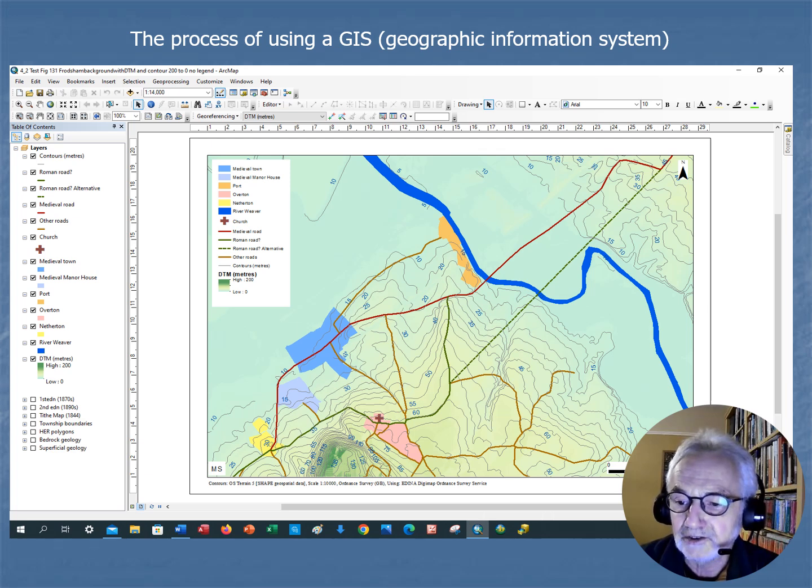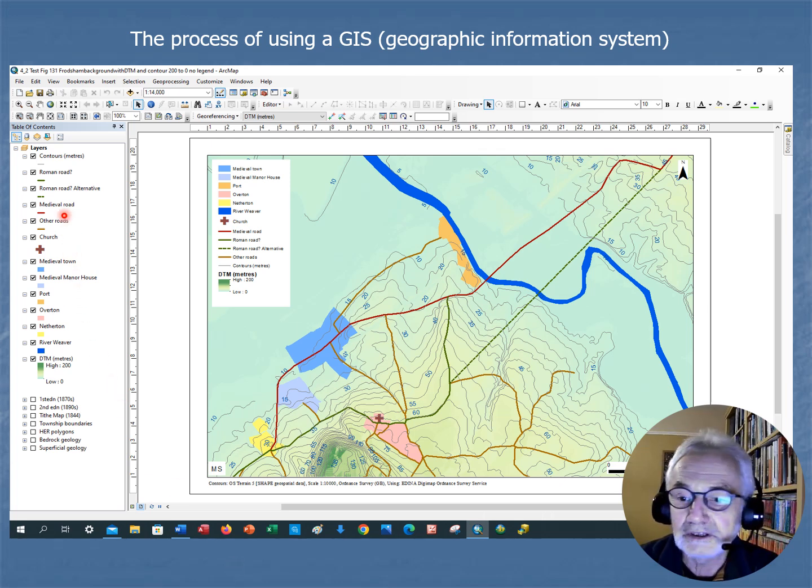The GIS software I used was ArcGIS, and this slide shows an ArcGIS workspace, in this case for Frodsham in Cheshire. But we needn't worry here about the details of the town itself. It is the wide range of data which can be created, downloaded, analysed and stored in a single place which it is intended to demonstrate.